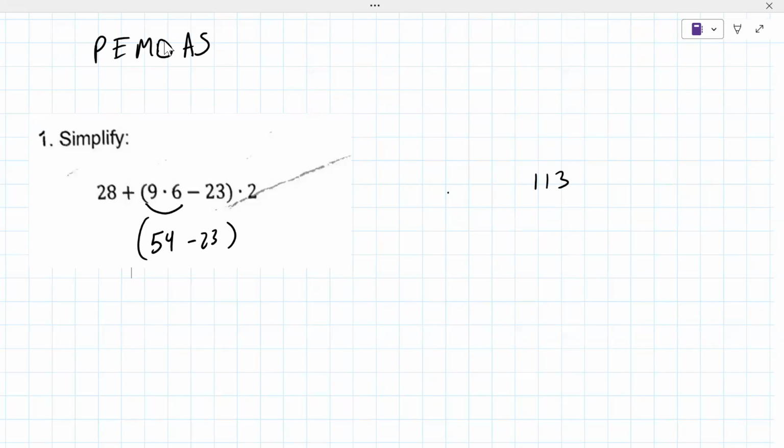Do you have a new answer for me? Sorry, I didn't hear what you said before. I was waiting for you to multiply by 2 and then add 28. It is not 113.